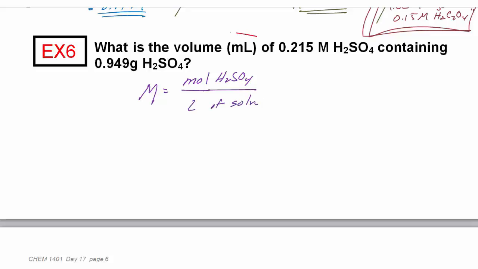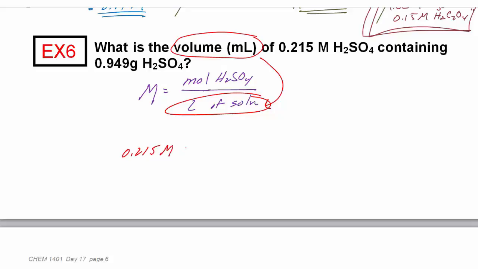They want to know volume, and that's going to be this part. Just have to solve for it. My molarity is 0.215 molar. My moles, I have to find it. I have 0.949 grams of sulfuric acid.